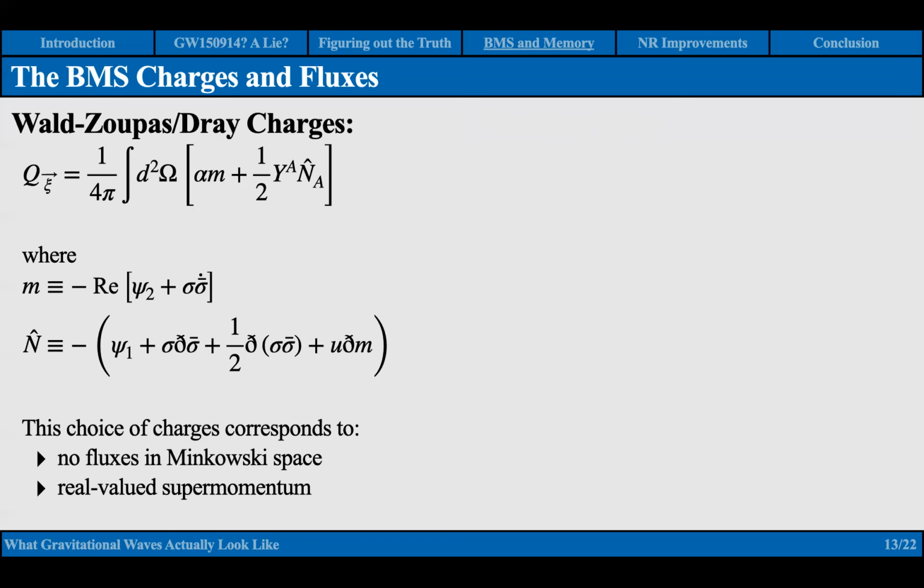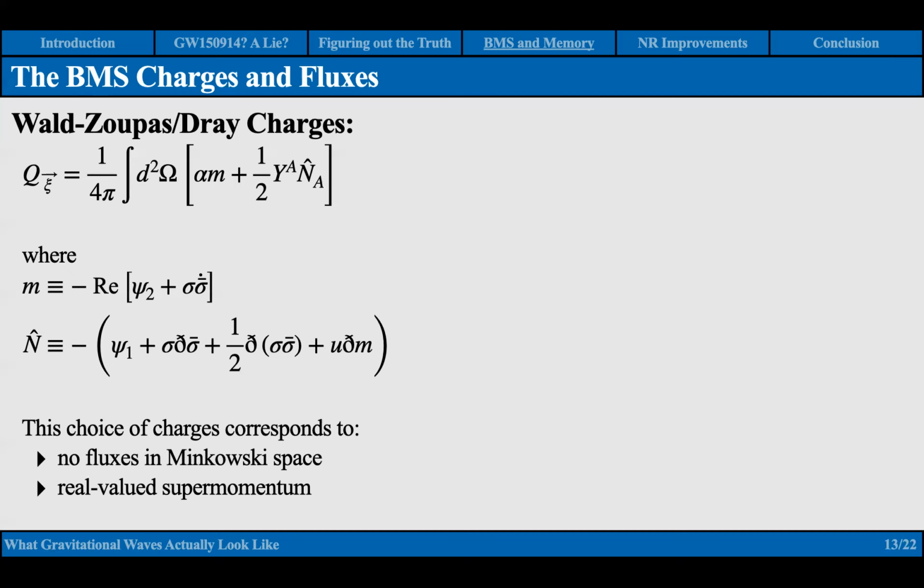And so what they found is this thing called the Bondi mass aspect, which corresponds to these super translation symmetries. And they found this Lorentz aspect, which corresponds to Lorentz transformations. There are many different choices you can make for what these charges are, but this is the only choice that makes it so that there are no fluxes in Minkowski space, which is something you want.